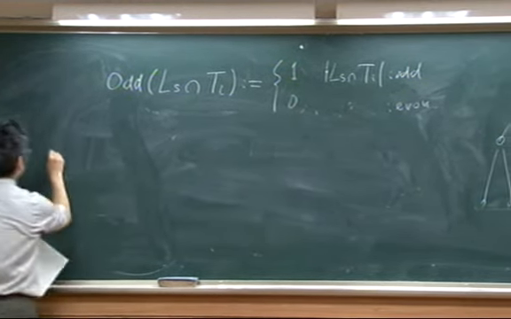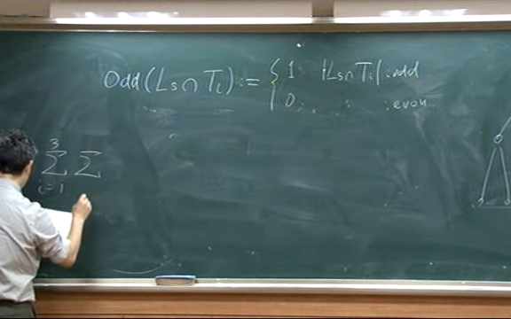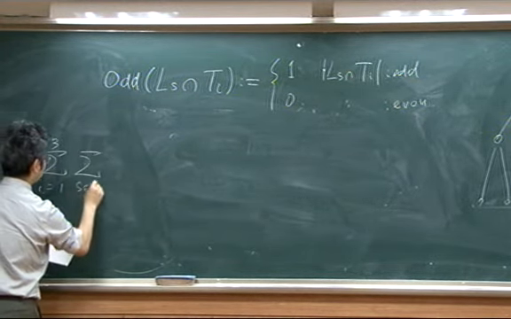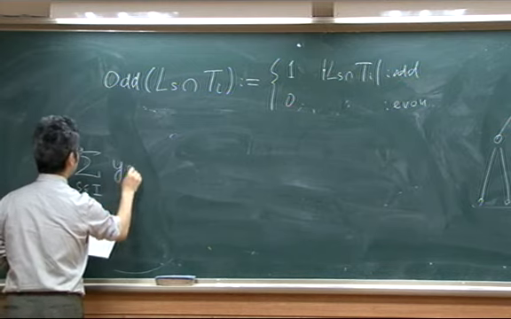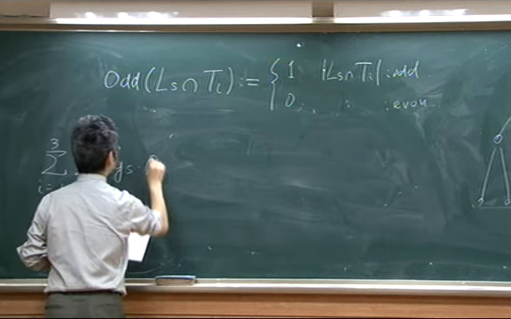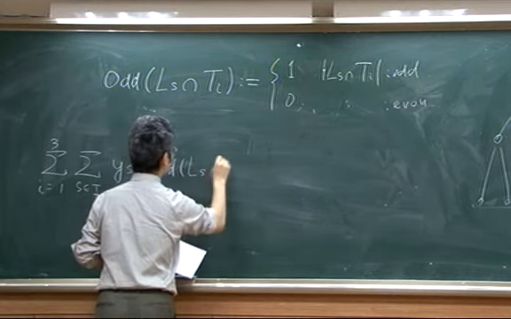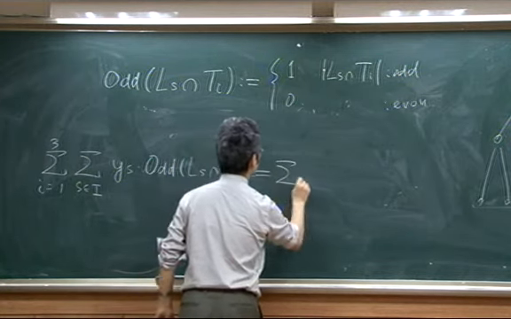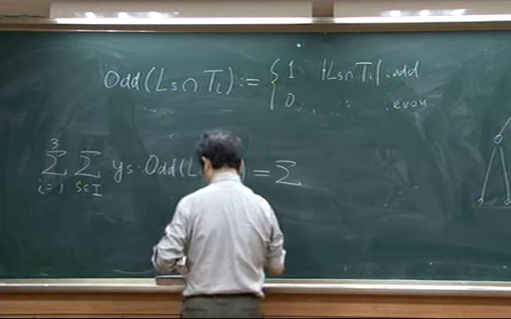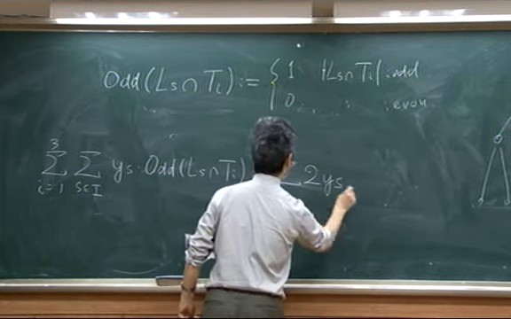Now I can think of the sum over I from 1 to 3, and S is the internal node, so that y of S times odd of TI is exactly twice y of S.